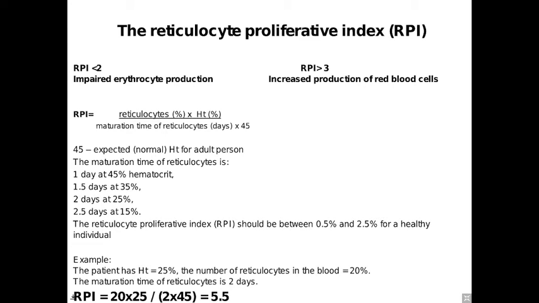But for a healthy individual who doesn't have any signs of anemia, the normal value of the RPI will be different. So we must understand that in the pathological condition, the conclusion based on the RPI will be made in a different way. We should not use the normal requirements for the patient with anemia.